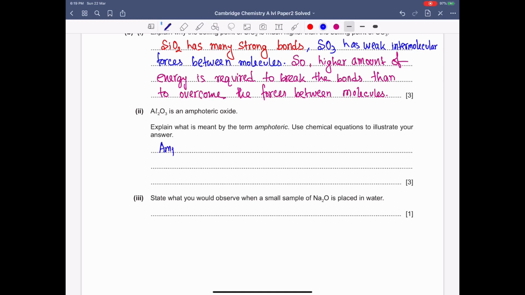So amphoteric oxide reacts with both acid and alkali. So equations to prove our point.